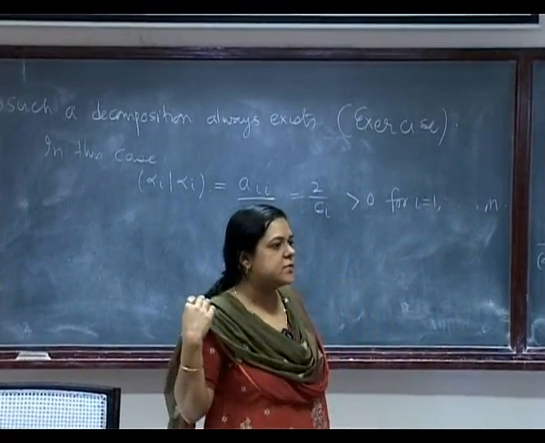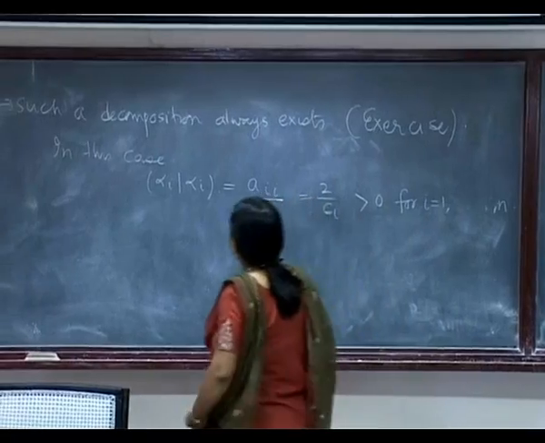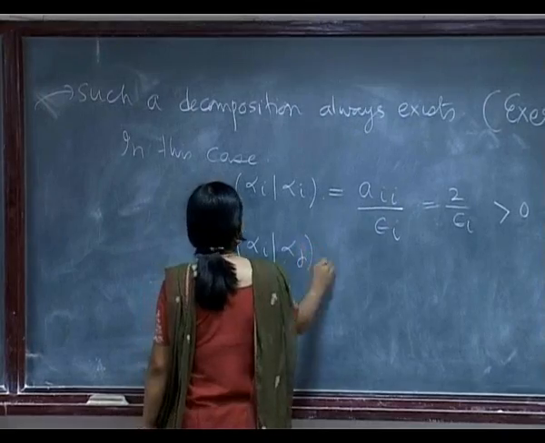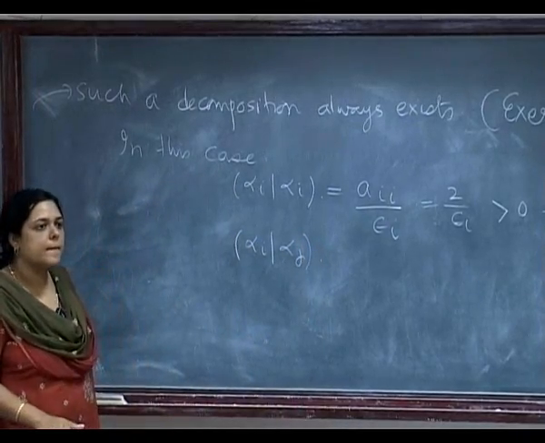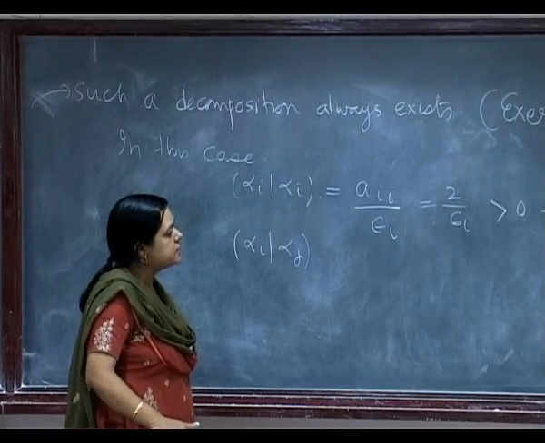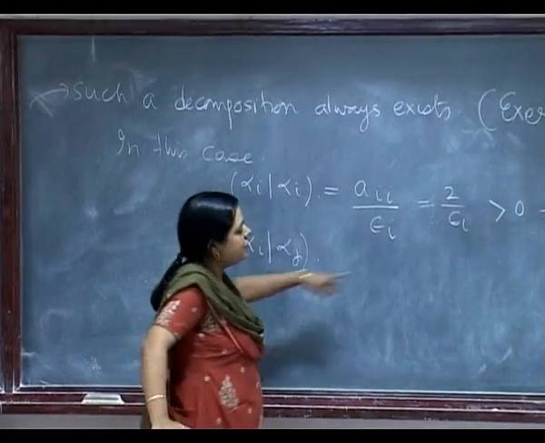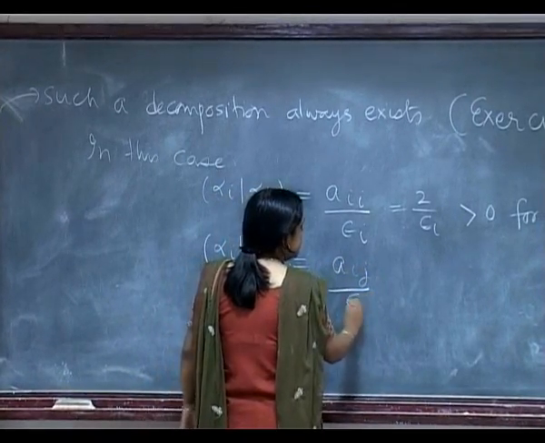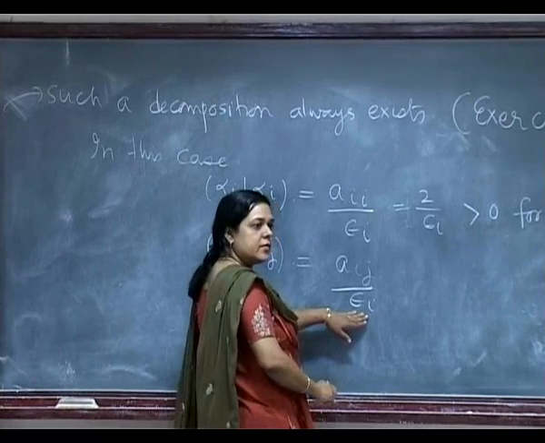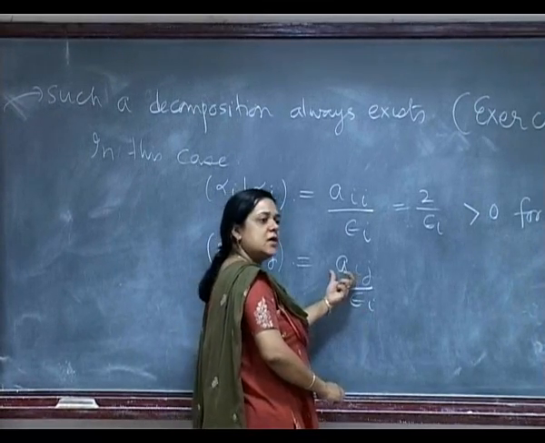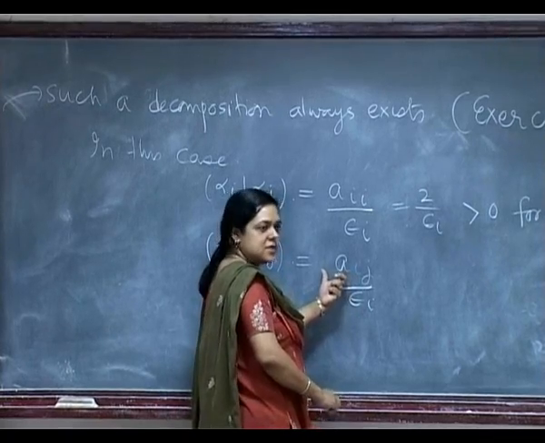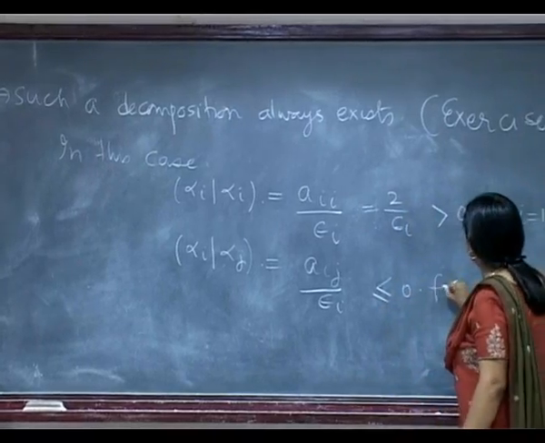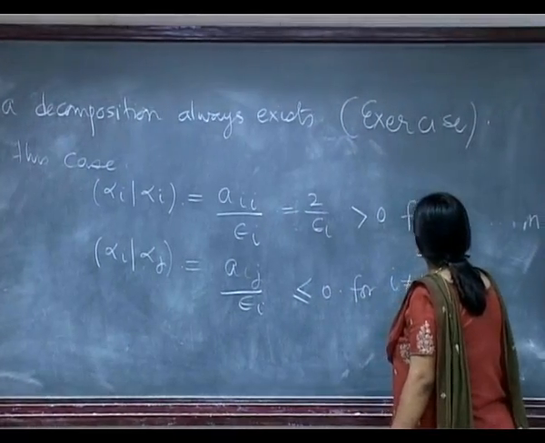And what about alpha I alpha j? It is aij upon epsilon I. The aij's are always less than or equal to 0, so this is always less than or equal to 0 for I not equal to j.